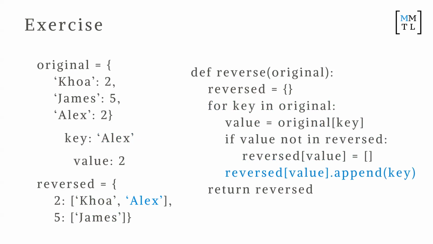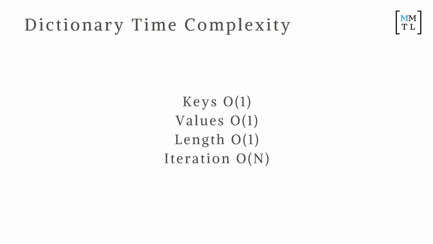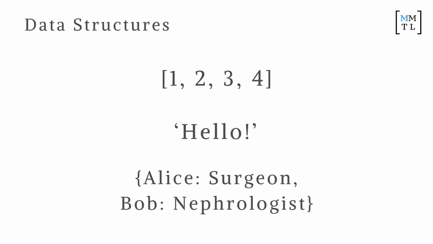Okay. So run through that at home. It's a bit of a tricky one. But it is worth sort of understanding because this challenges you in terms of list understanding as well as dictionary understanding. Now, dictionary time complexity, keys are O(1), values are O(1), so reading keys, reading values are very quick. Getting the length is very quick. If you iterate, it's simply O(n) as well.